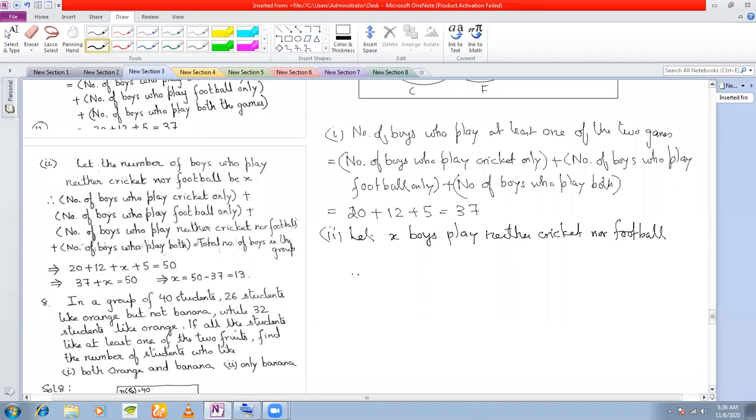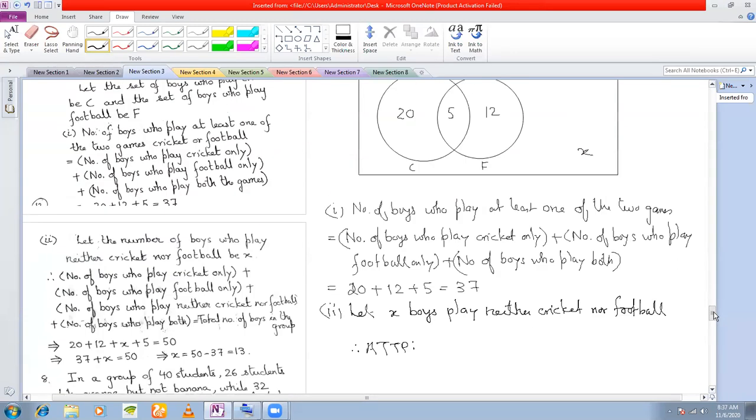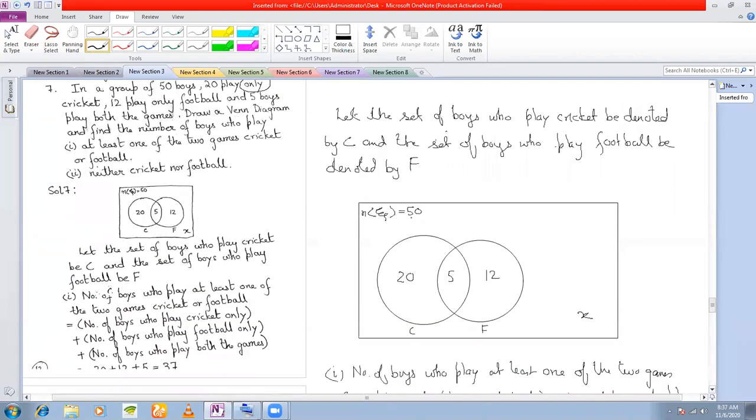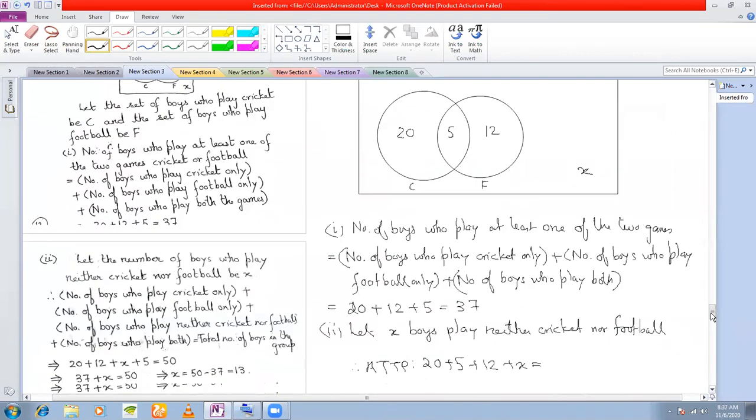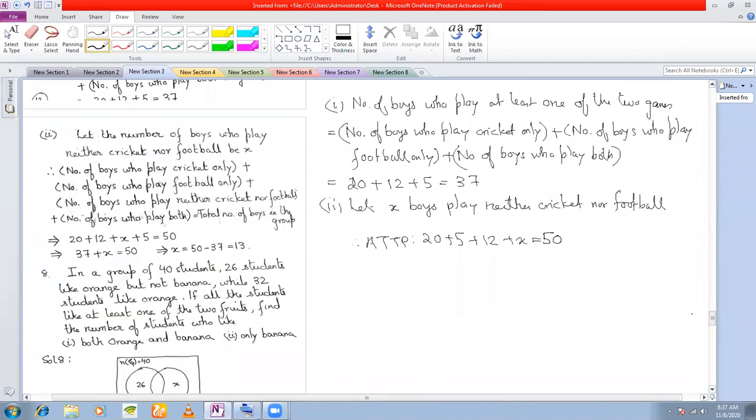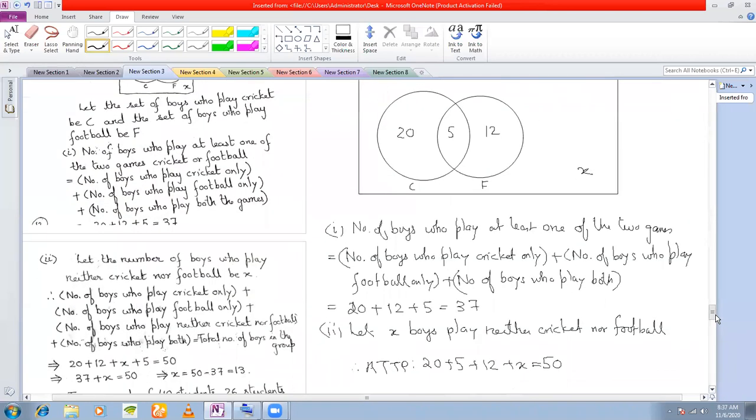Then, according to the problem, 20 plus 5 plus 12 plus X must be equal to the total number of boys, 50. This 20 plus 5 plus 12 means those who play at least one of the two games, plus those who play none of the games, must equal the total number of boys.